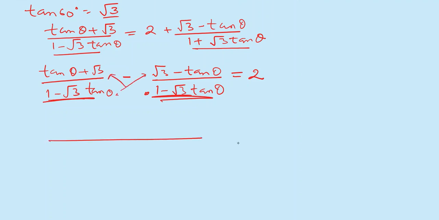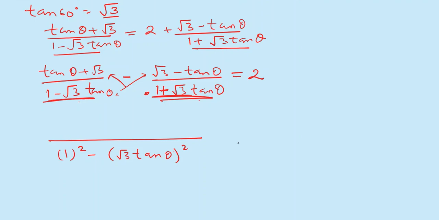So first multiply the denominators, which are in the format of a minus b and a plus b. So it will be a square minus b square. That will be the denominator.